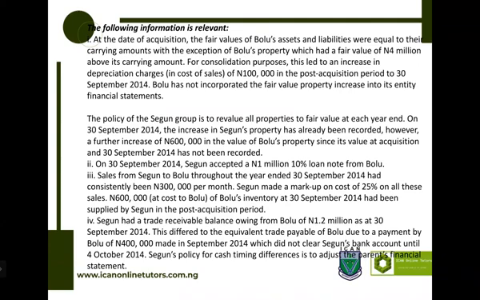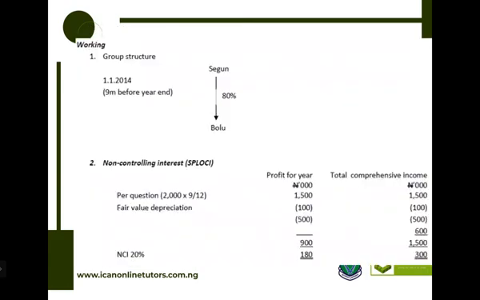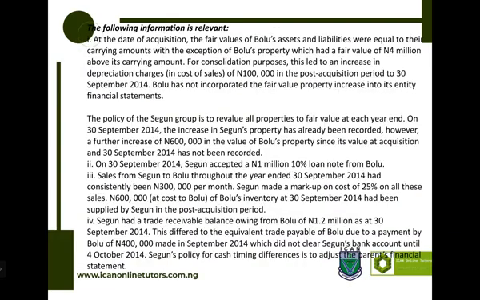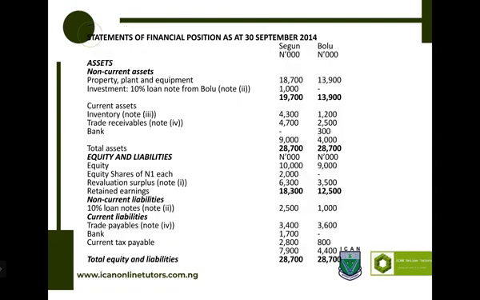If you look at the question very well, you will agree with me that it also involves the share exchange, and it has a carrying value. So let's go by our rules again. The first one is prepare your group structure. Look at the question.